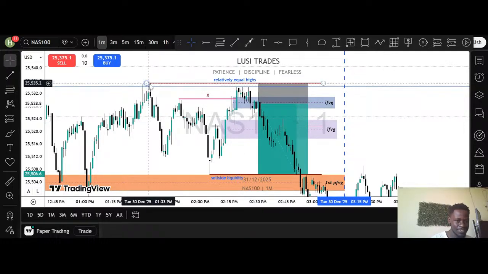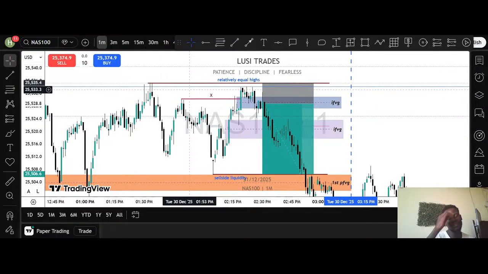Once I see something like this, I know that this is the onset of a market maker buy model. How do you know it's the onset of a market maker buy model? By seeing such signatures in price.